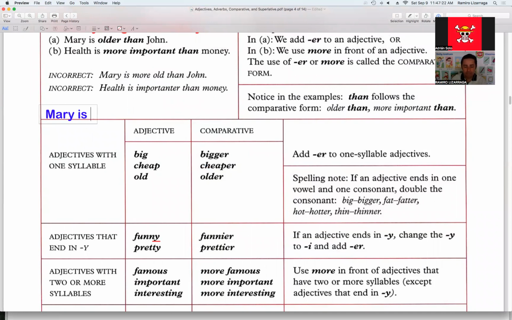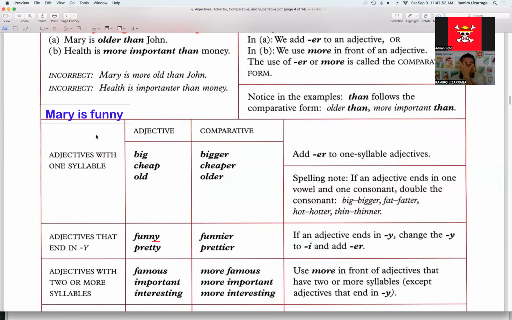Mary is funny. Yeah, that's a sentence. I'm using the adjective funny to describe what? Mary. I'm describing Mary with this adjective, and I'm telling you that Mary is funny.